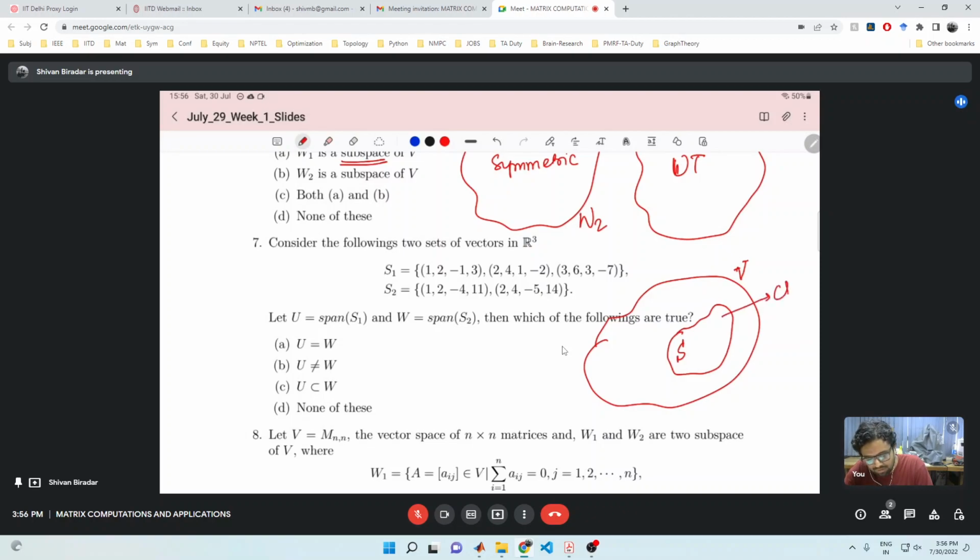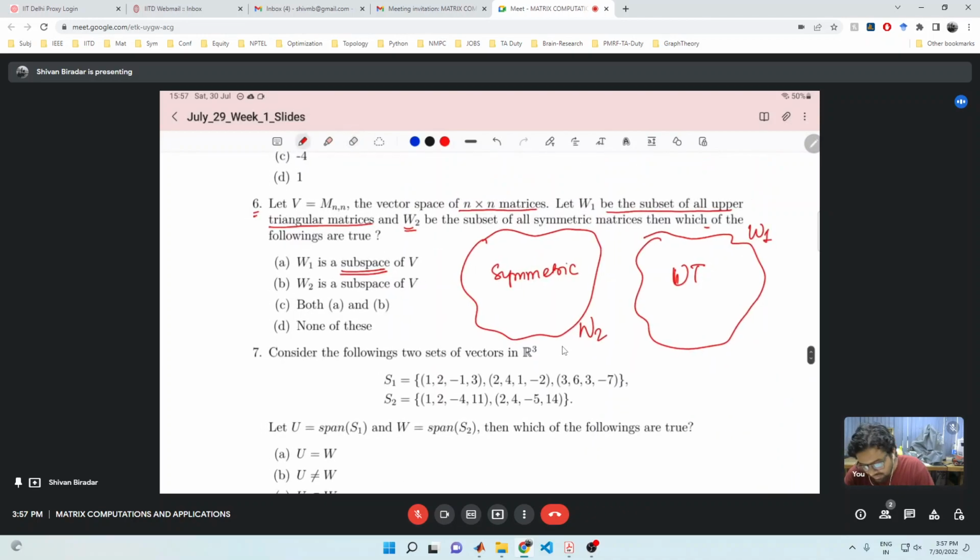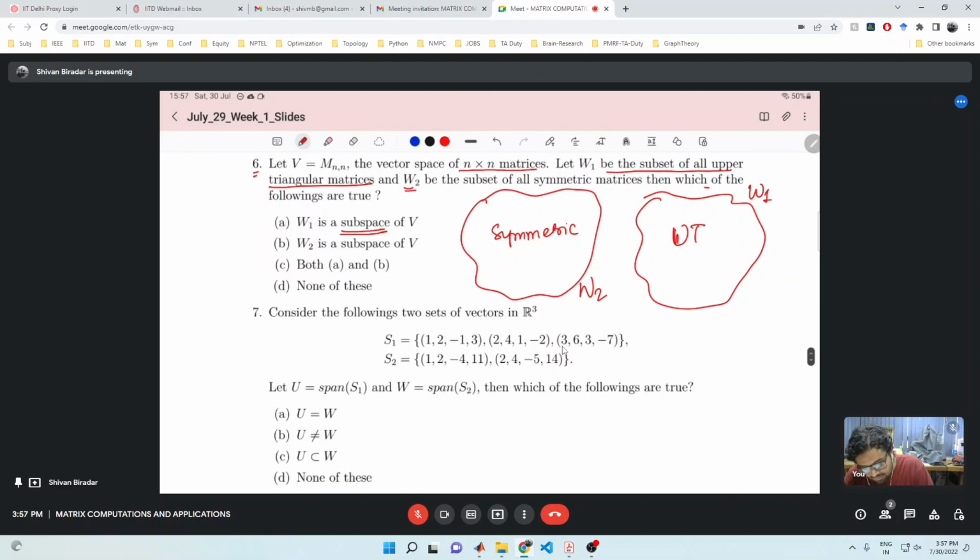That is closure under addition, closure under multiplication, and this subspace has the 0 element. So if these three properties are satisfied for a subset in a vector space V, then we say that this subset is a subspace. So is this being satisfied? So W1 is a subspace. Yes, that is a subspace.